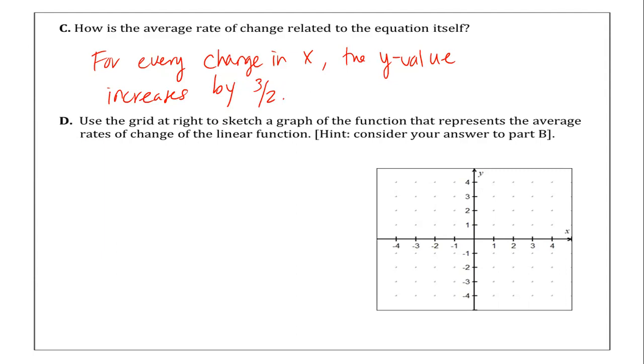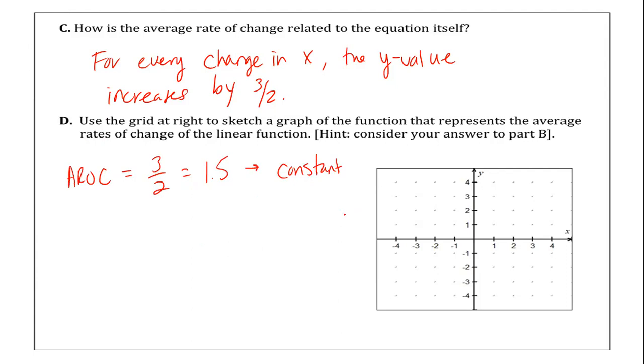Okay. Now, when it asks you, this is going to be a kind of a slope grid here happening. It says use the grid at the right to sketch a graph of the function representing the average rate of change of the linear function. So what it's asking us to do is to find the average rate of change, which is just going to be 3/2, which equals 1.5. So since it's a constant, what type of graph?